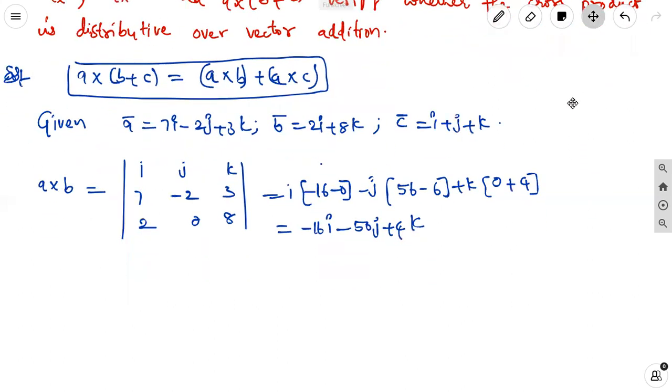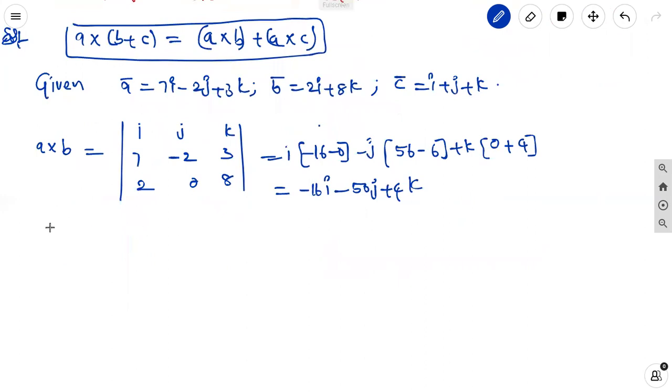Next, we can find out A cross C. A cross C equals the determinant of i, j, k; A is 7, minus 2, 3; C is 1, 1, 1.